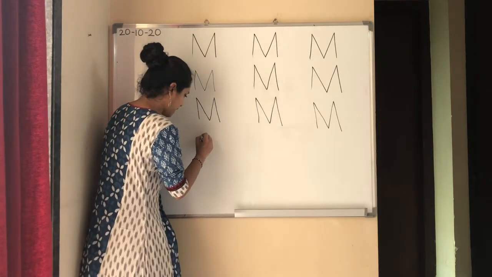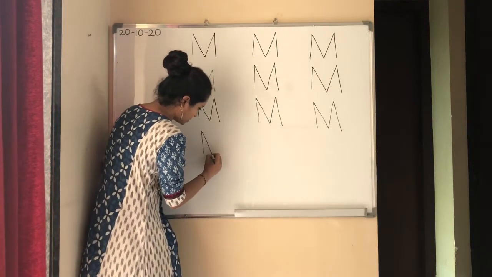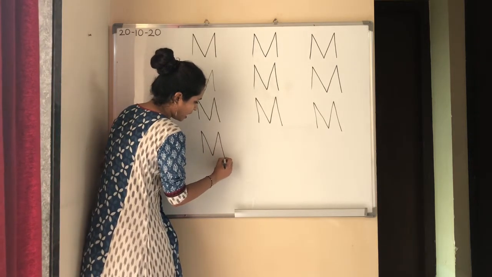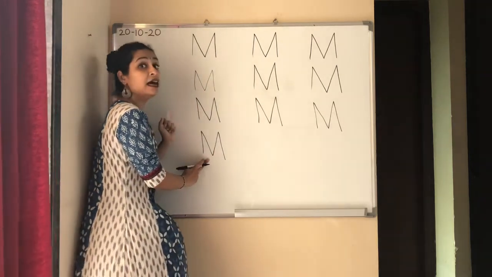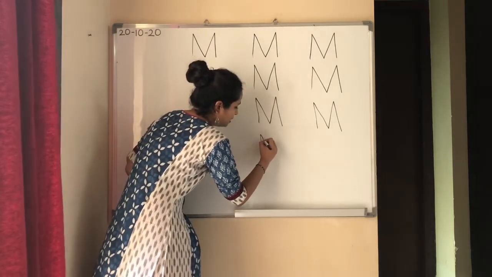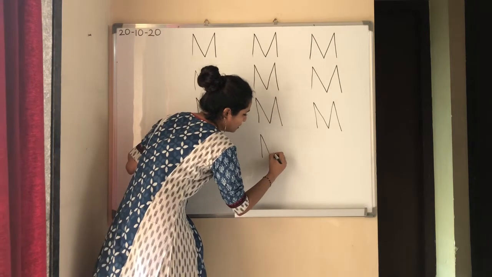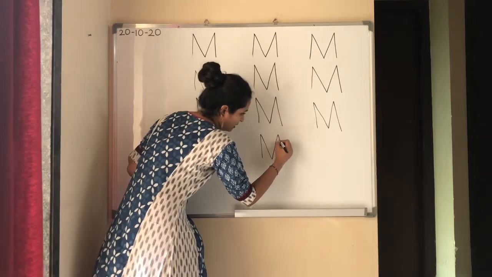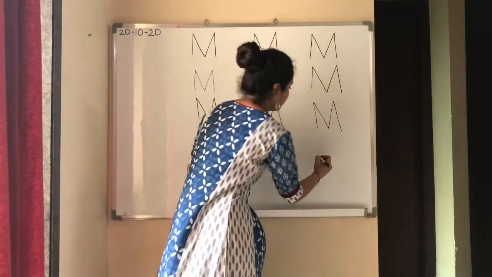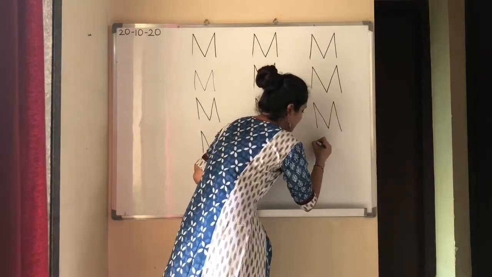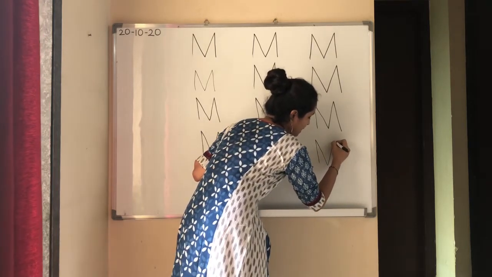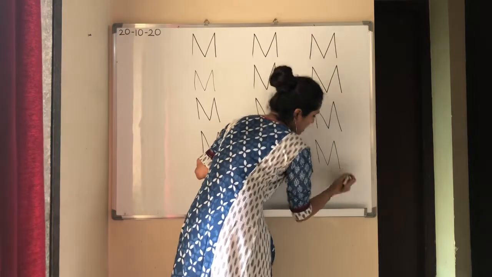Go up standing line, come down slanting line, go up slanting line, come down standing line. Letter M. Again.